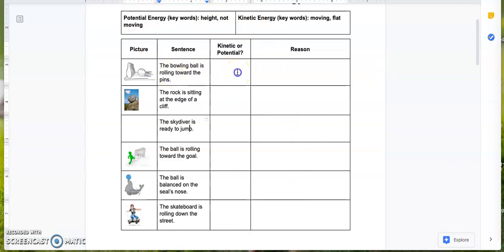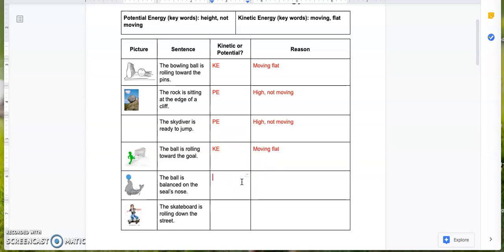All right, so the bowling ball is kinetic energy because it is moving flat. The rock edge is potential energy because it is up high and it is not moving. The skydiver getting ready to jump is potential energy because he is up high and hasn't jumped yet. The ball rolling toward the goal is kinetic because it is moving flat.